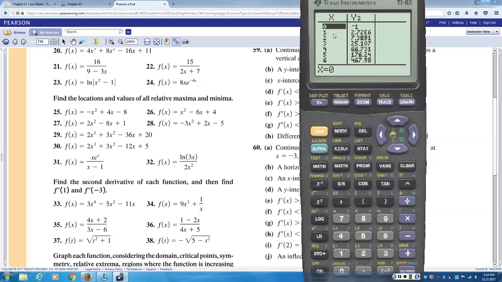But we can see that before 1, it was negative. But then suddenly it became positive again. So if I scroll backwards, I notice that the derivative is getting smaller and smaller and smaller. And it's approaching 0, but it's not 0.